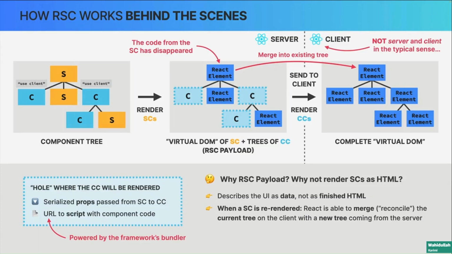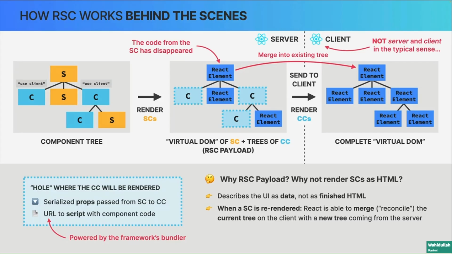So according to the mechanisms that we learned earlier in the course in the section on how React works behind the scenes. Being able to reconcile a new tree with an existing tree on re-render is really what React is all about at its core.